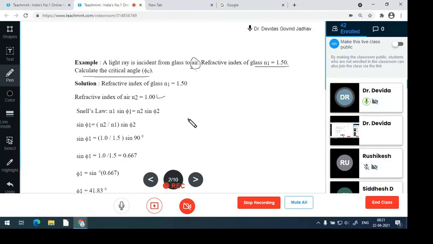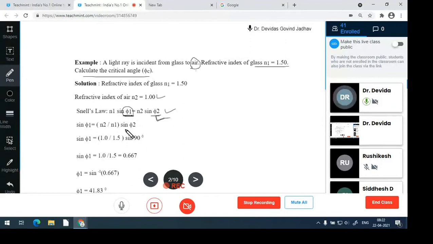So we can apply Snell's law and substitute the angle of refraction as 90 degrees to find the critical angle. So in Snell's law, the critical angle is the incidence angle at which the angle of refraction becomes 90 degrees.